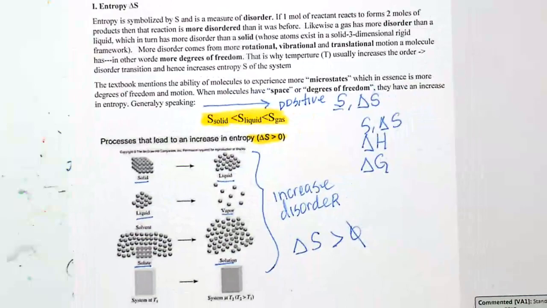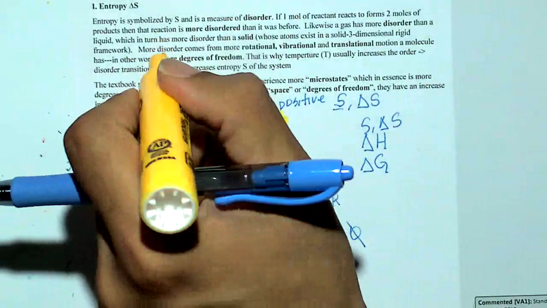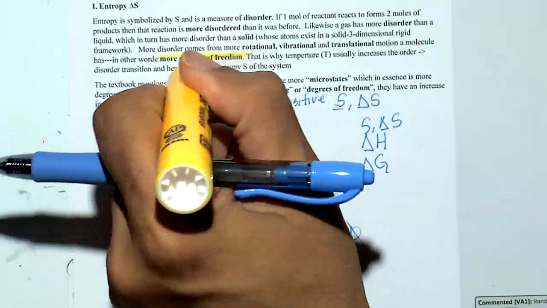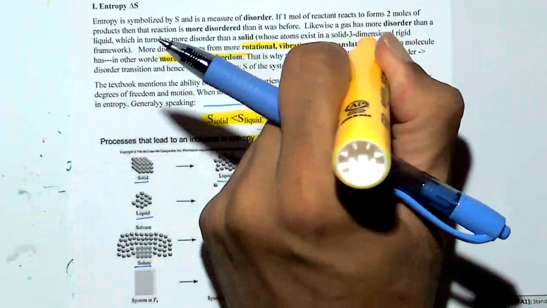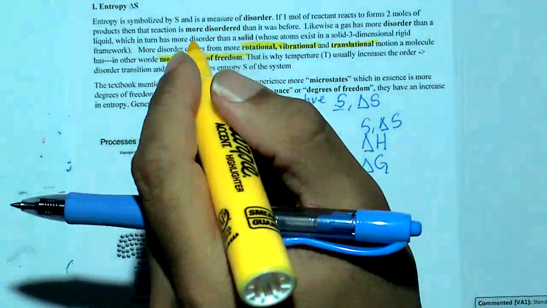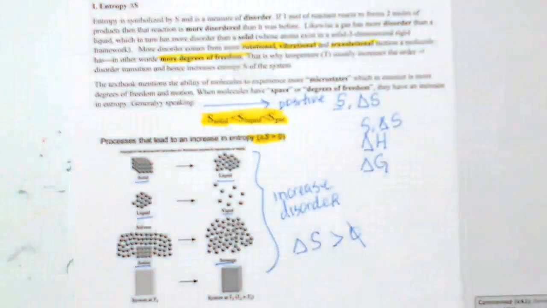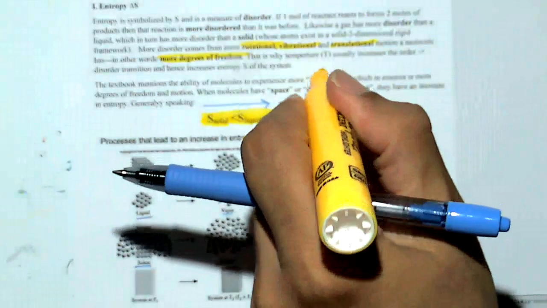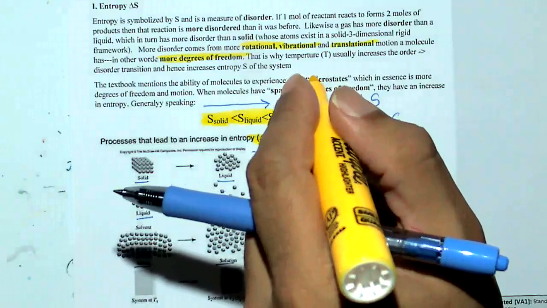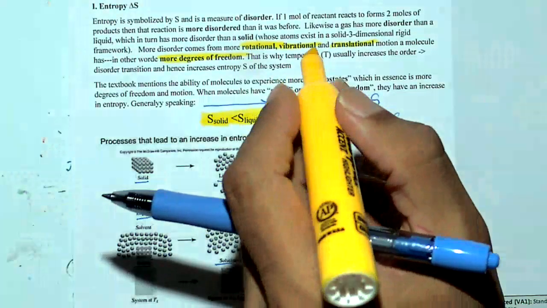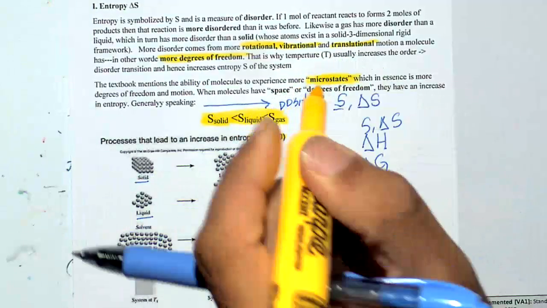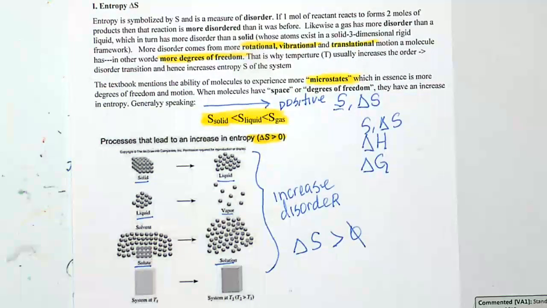All right, other things that increase disorder. I've written a paragraph here. Anything that involves motion, vibrational, translational, more degrees of freedom. Your book, if you read the textbook, not only the free PDF textbook, but the one that I scanned, which was what this was based off of. Anything that has more microstates.